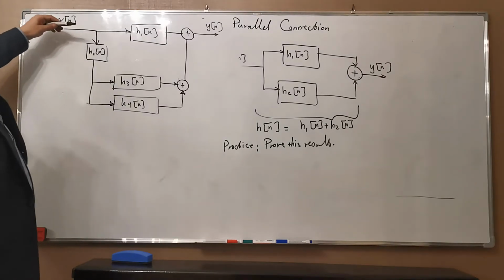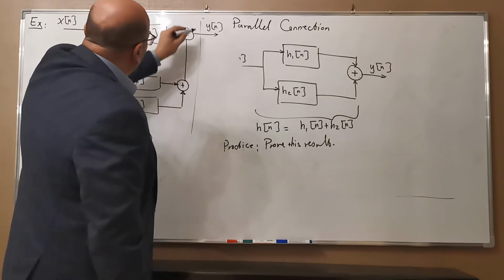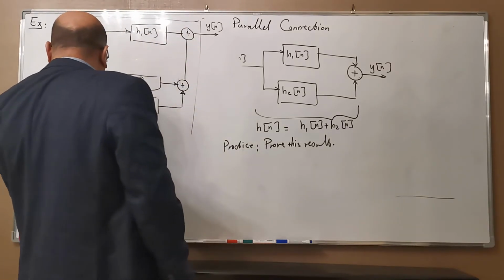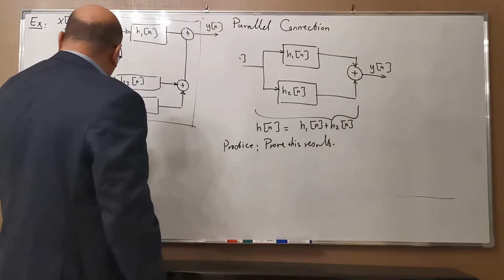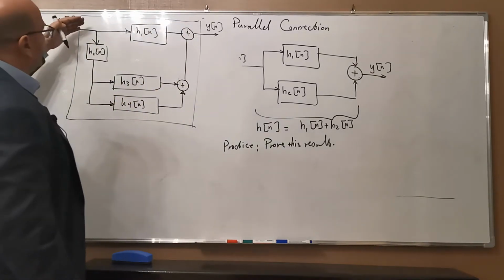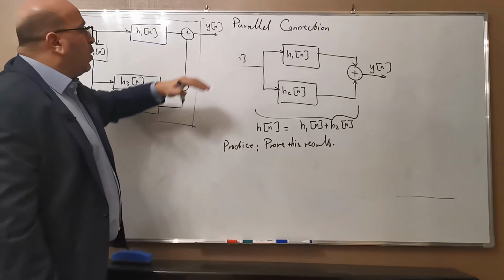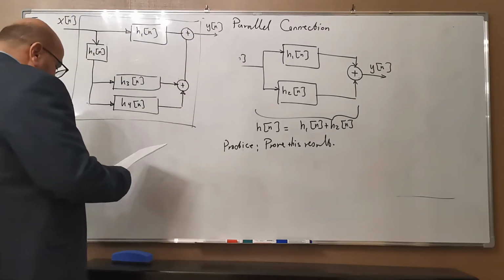You see, so the whole thing here looks like one h. What is this h? You know, inside this box you have x of n going to certain h, and you get y.